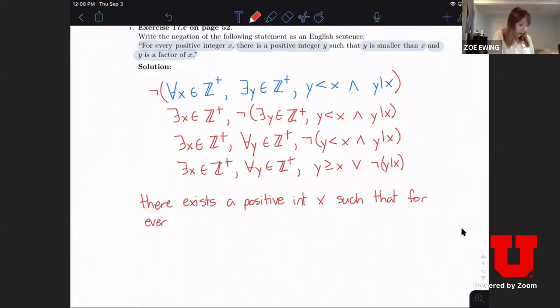For every positive integer y, y is greater than x, or y is not a factor of x.